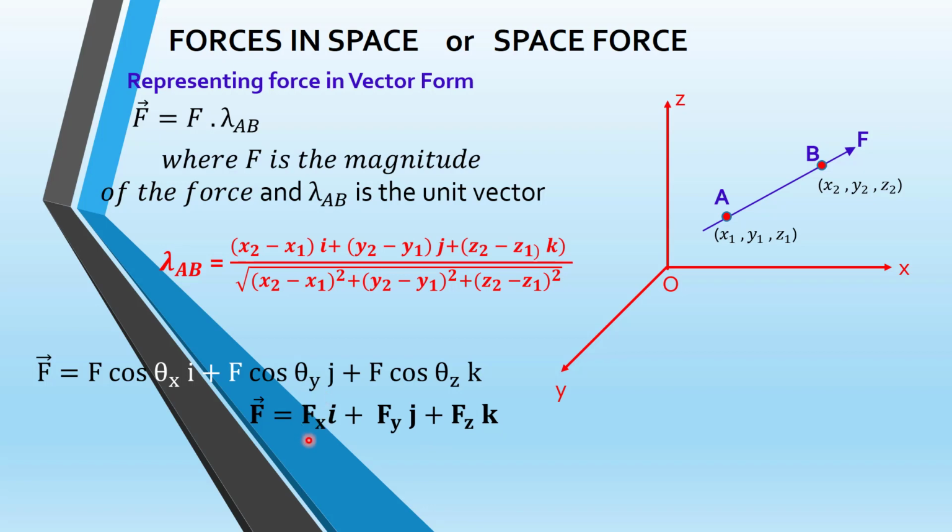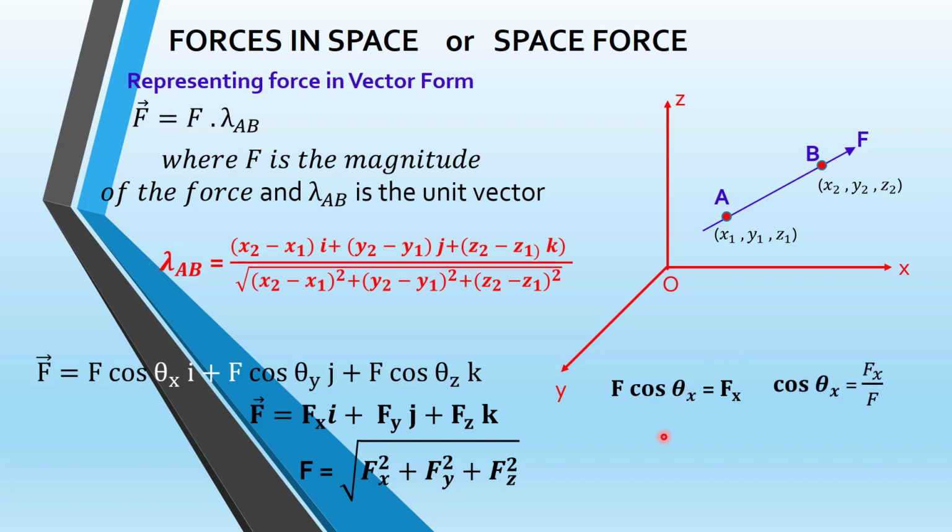Now what is Fx? Fx is equal to F cos theta x. Fy is equal to F cos theta y, and Fz is equal to F cos theta z. Now if we want to find out the magnitude of the force, that can be found out using the equation F is equal to square root of Fx square plus Fy square plus Fz square. Now again we know Fx is equal to F cos theta x, right? So from this equation you can find out what is cos theta x or what is theta x.